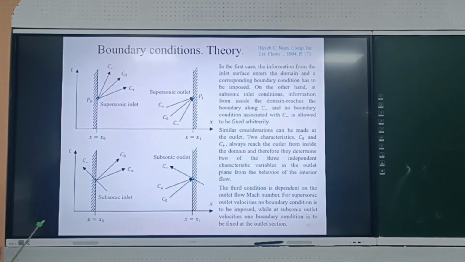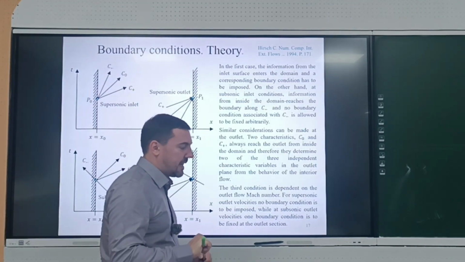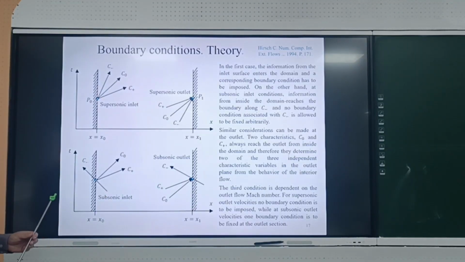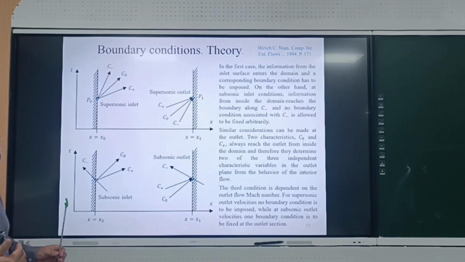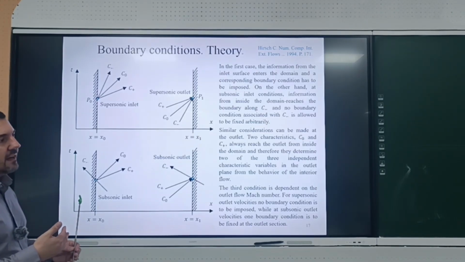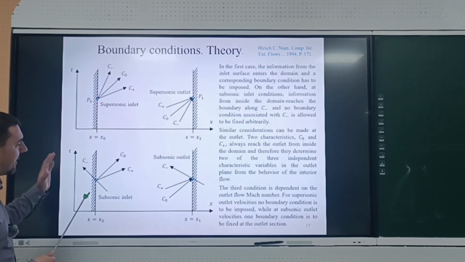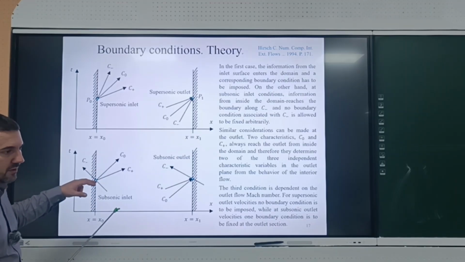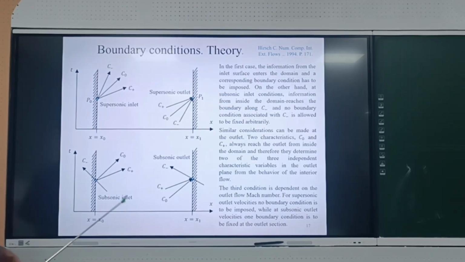For example, there are popular types of physical boundary condition for the subsonic inlet: if you set stagnation temperature and stagnation pressure, or stagnation temperature and mass flow rate, and other options are possible. I'm not going to describe in detail how to do that, but the idea is that depending on the flow regime, on the velocity of your flow, the implementation of boundary condition can be totally different.